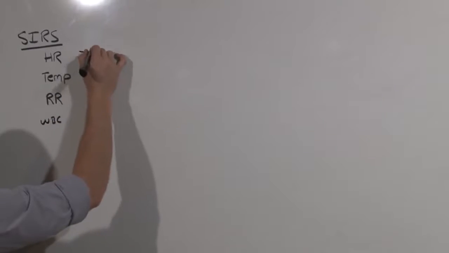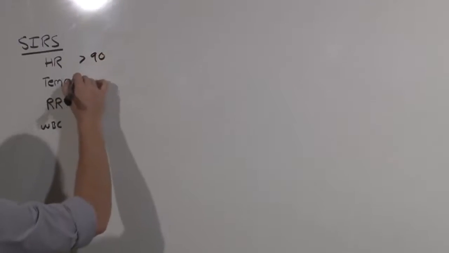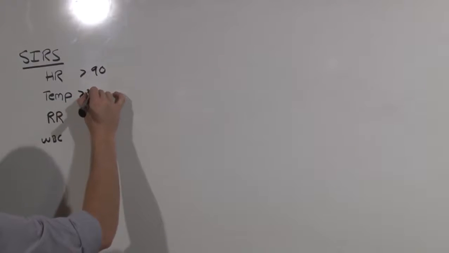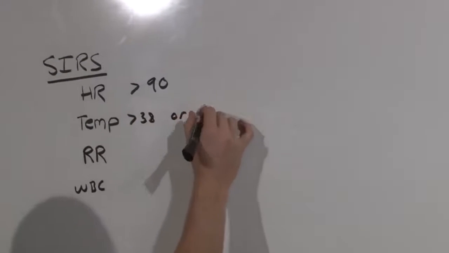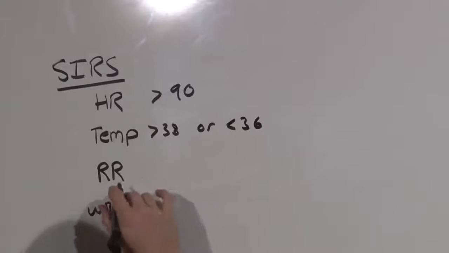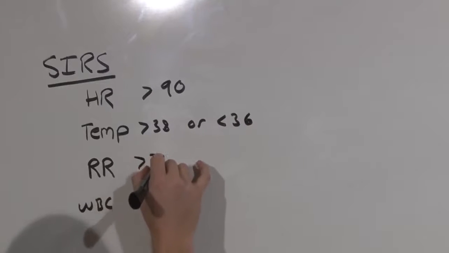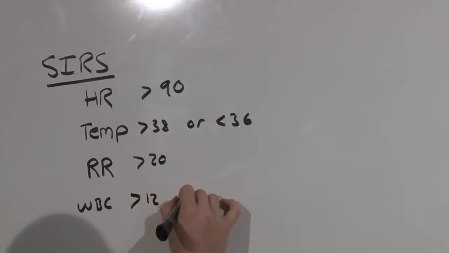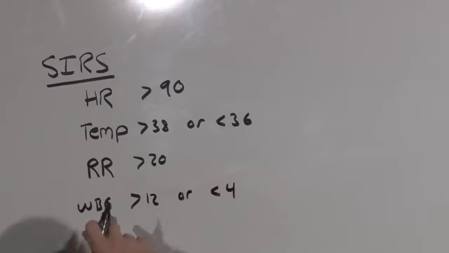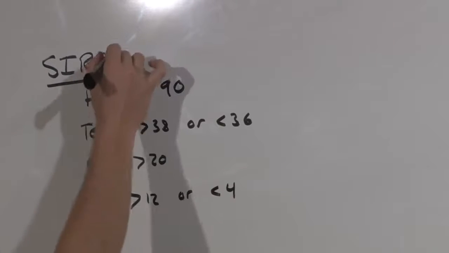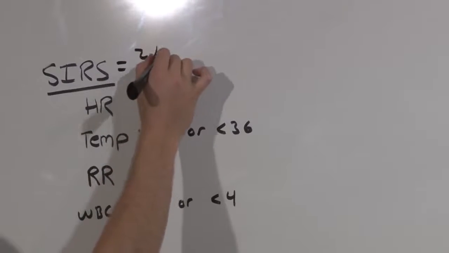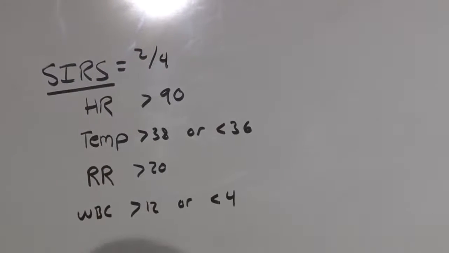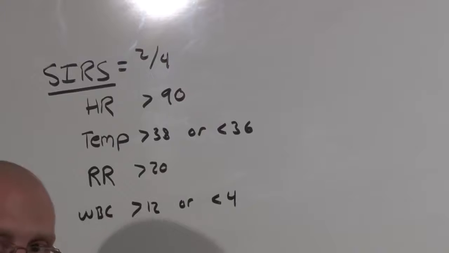The heart rate is greater than 90, the temp greater than 38 or less than 36, respiratory rate greater than 20, or a white blood cell count greater than 12 or less than 4. You get a point for each. SIRS is equal to 2 out of 4, and SIRS is the systemic inflammatory response syndrome.